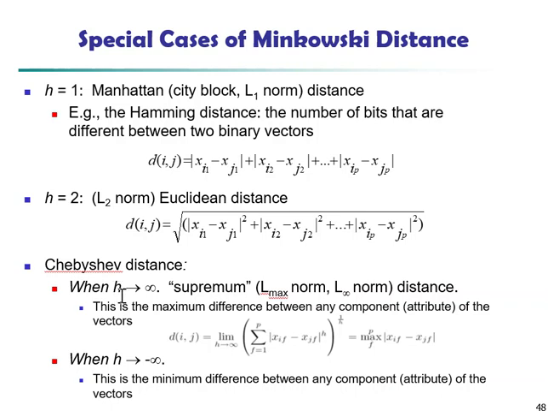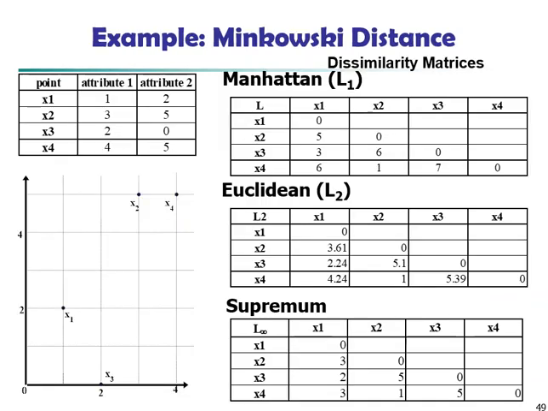When h is approaching positive infinity, we have supremum distance, which is basically the maximum difference between any component attribute of the two observations. When h is approaching negative infinity, the distance actually measures the minimum difference between any attributes of the two observations. We're going to see an example of that next.